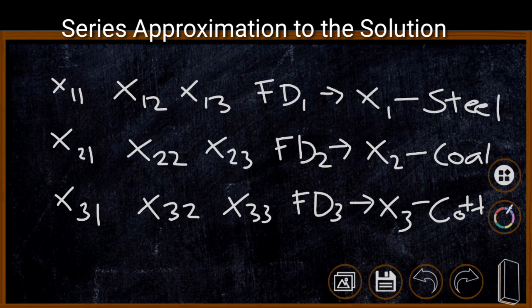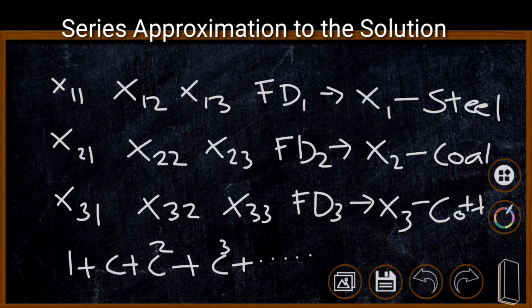Therefore the total requirement of steel in the entire system can be measured using this equation: 1 plus c plus c square plus c cube plus etc. This equation can be used to measure the entire demand of steel by the system, by the economy, by various production sectors, production stages. This is the series approximation to the solution.